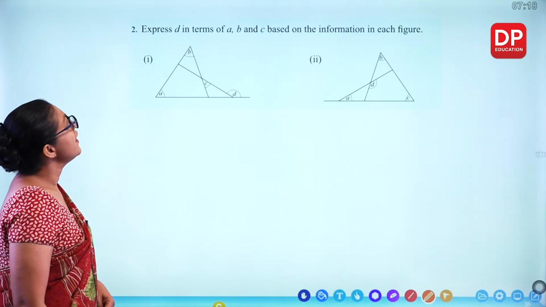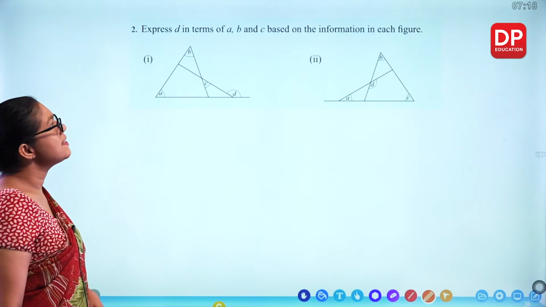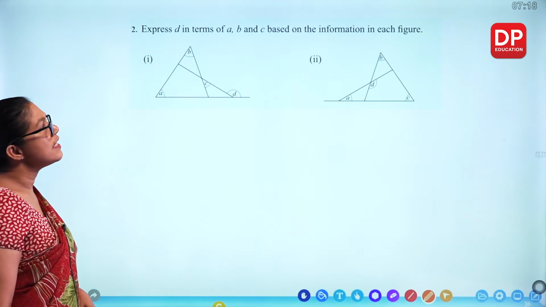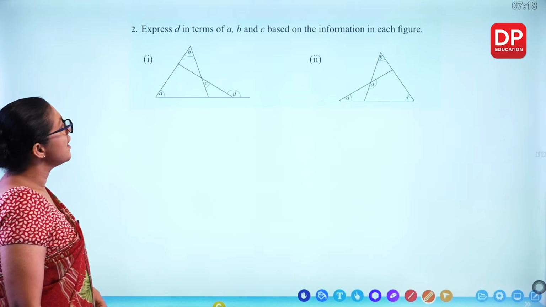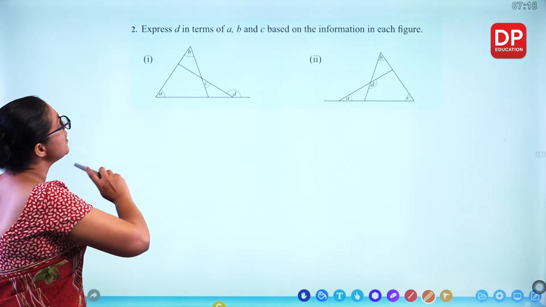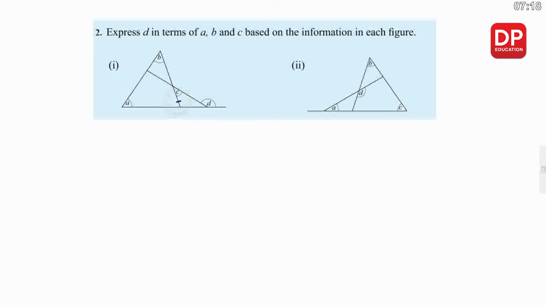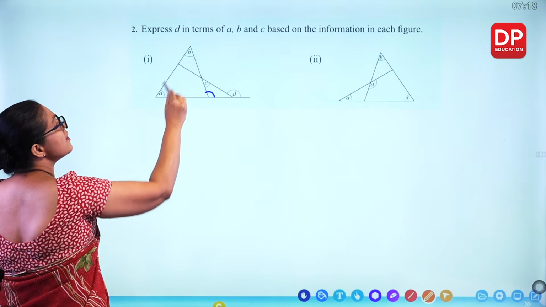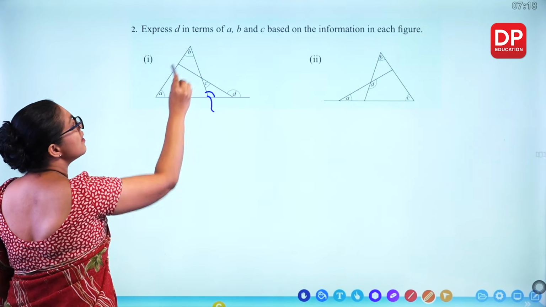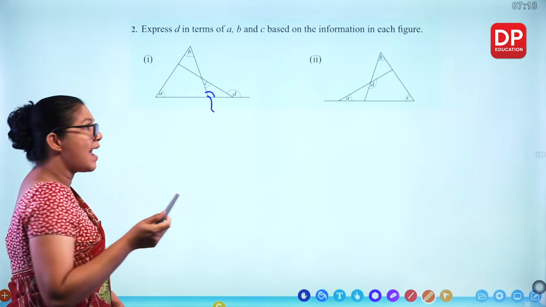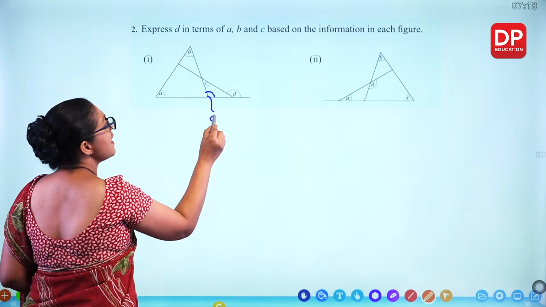Question number 2. Express D in terms of A, B, C based on the information in each figure. Look at this diagram. When you take this triangle, we can write this angle as what? These two are the opposite interior angles, so this is the exterior angle.